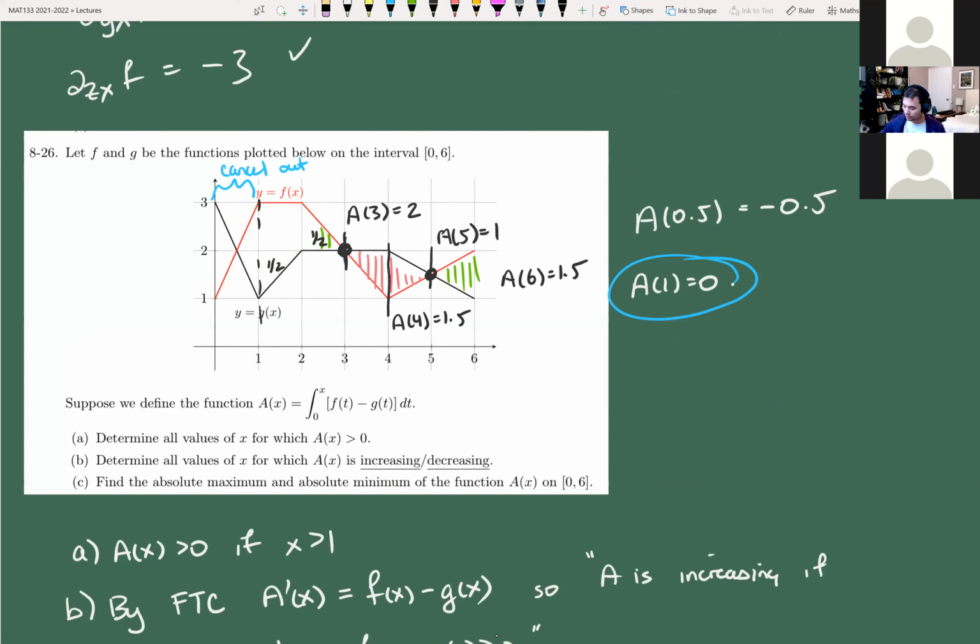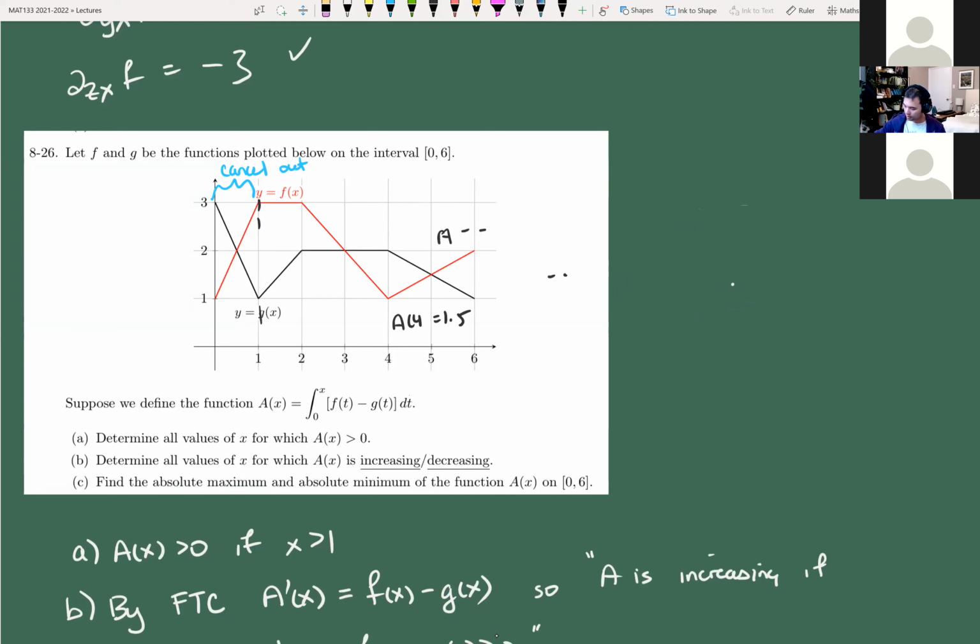In this problem, notice I could have written a of x as the integral from 0 to x of f of t dt minus the integral from 0 to x of g of t dt, right?